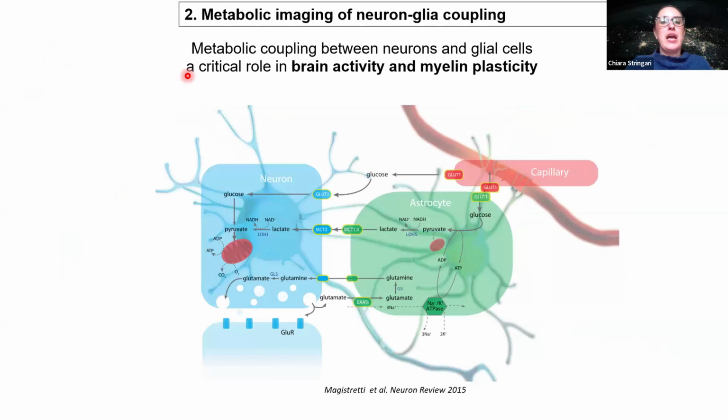So another application I want to talk about of metabolic imaging in neuroscience is in the context of neuroglia coupling. As you know, metabolism is very important in the neuroglia coupling in the context of brain activity and myelin plasticity. And this is actually one of the bases of functional MRI and is not completely understood. So there is a shuttle of, for example, metabolites between astrocytes and neurons during activity.